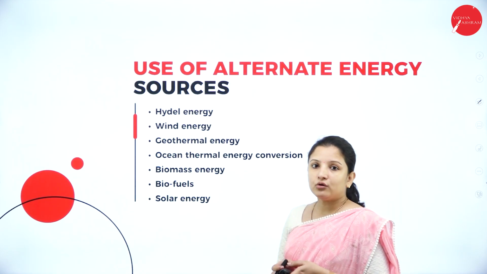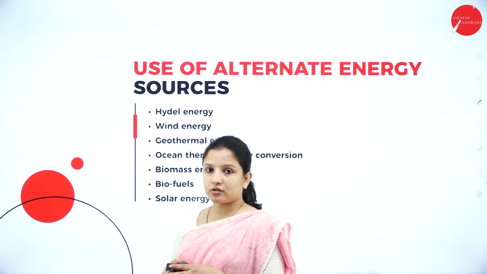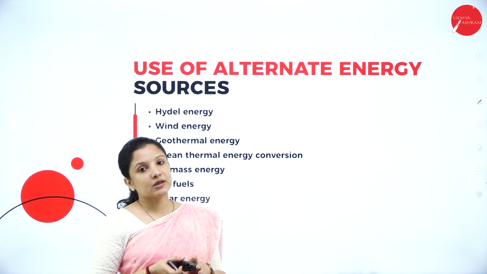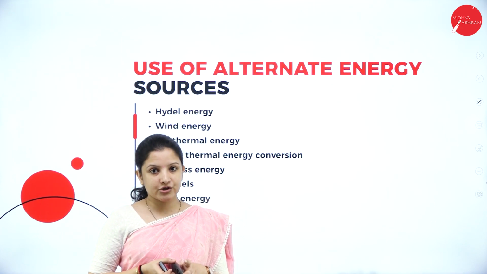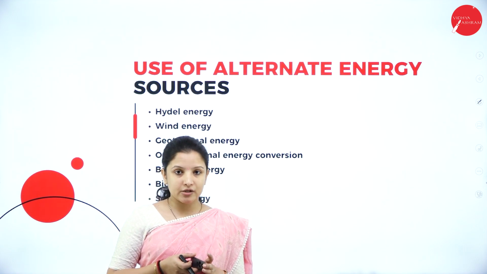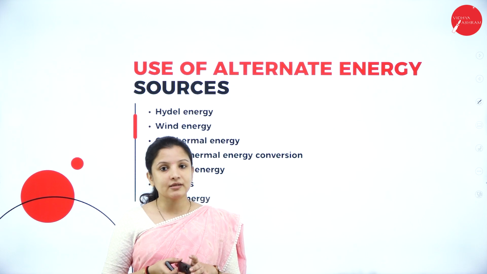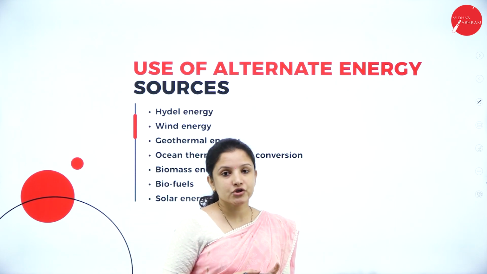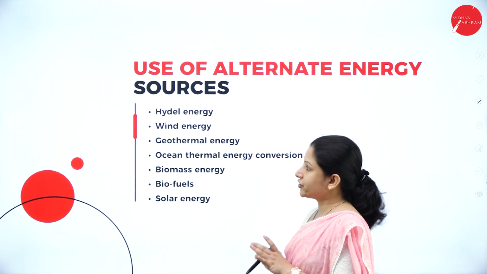Next, talking about the use of alternate energy resources. I told you, instead of depending on non-renewable energy resources, what alternate energy resources can we use so that we can prevent the depletion or exhaustion of the non-renewable energy resources.